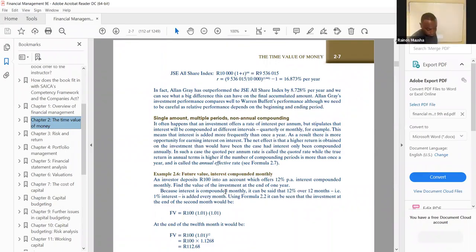So here, they tell us that you deposit 100 Rand into an account, which offers 12% interest compounded monthly.